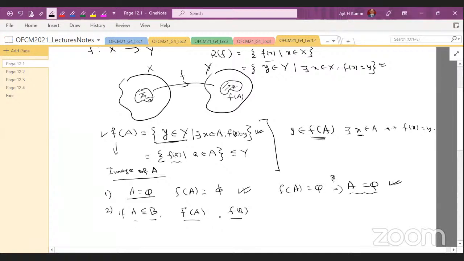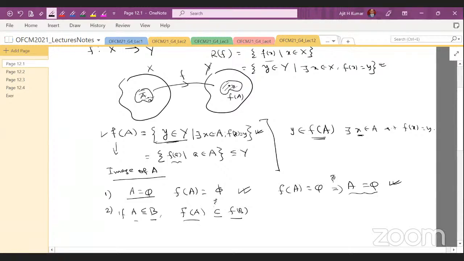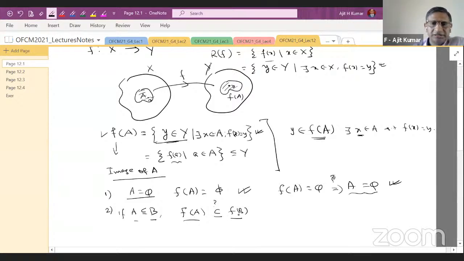It is given that A is a subset of B. Then the image of A will be in f of B, that means you are saying subset? Yes, sir, f of A is a subset of f of B. Okay, so why is that? How will you show this? If I want to show that one set is a subset of another, what should be my first step?